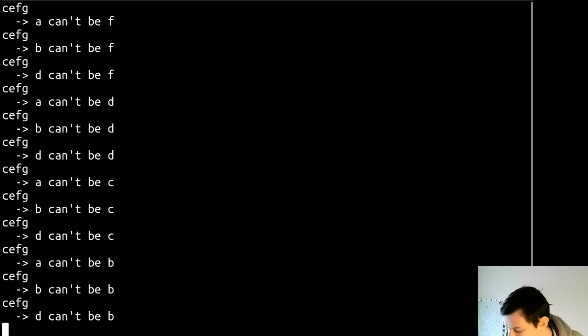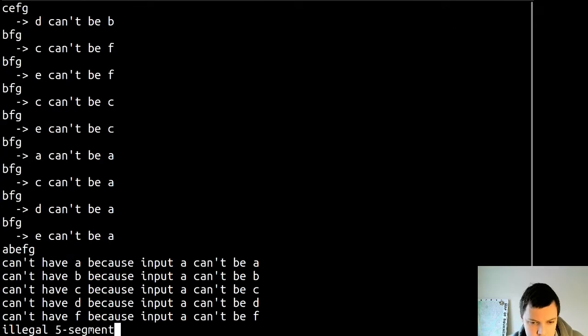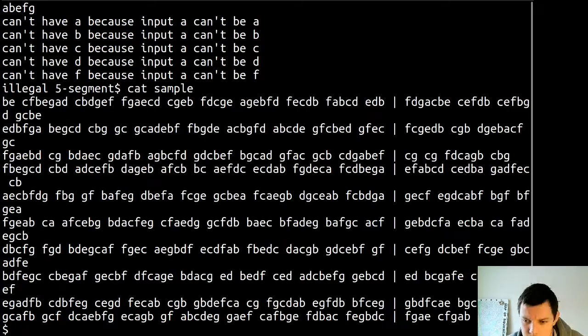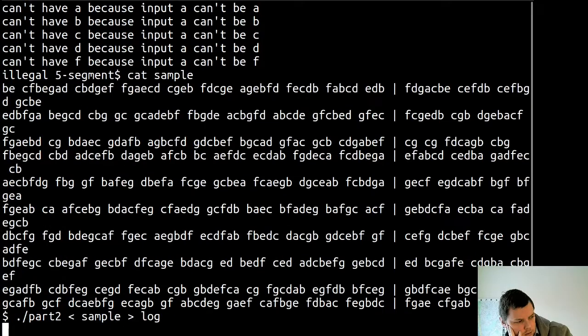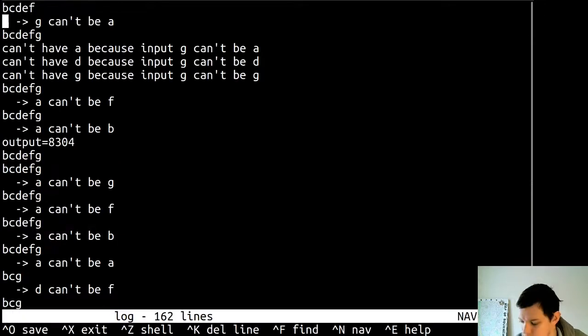Oh, hello. 1167. That should have been 1197. Well, let's do our, why is that taking so long? Because the output isn't buffered and it's going to disk. 8304 is incorrect.